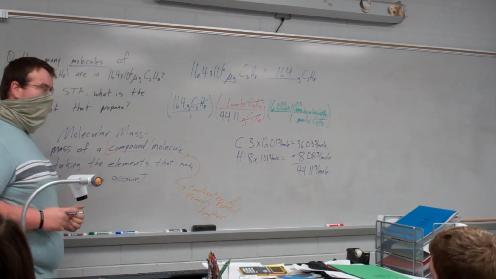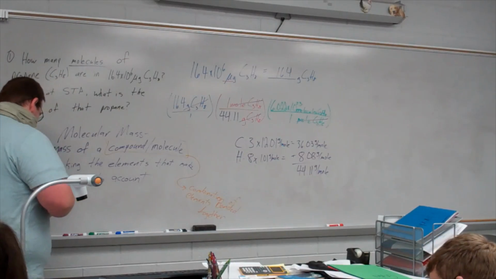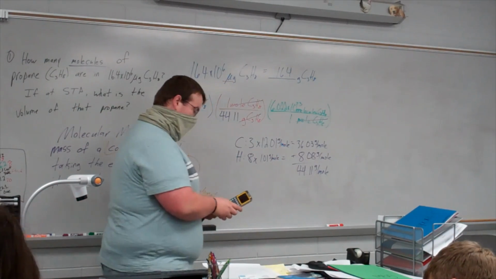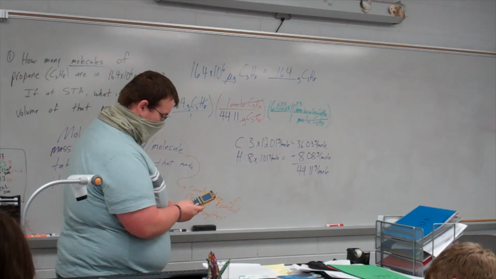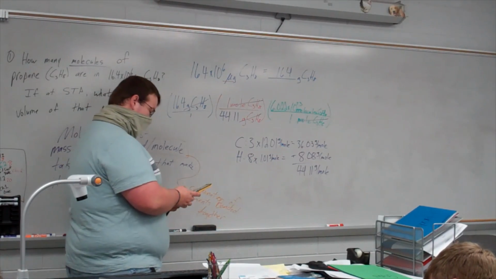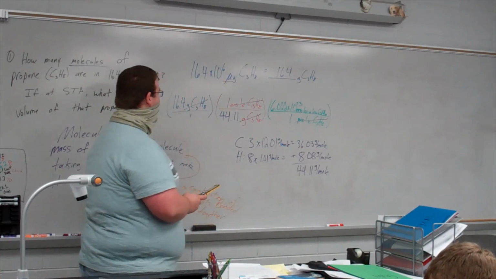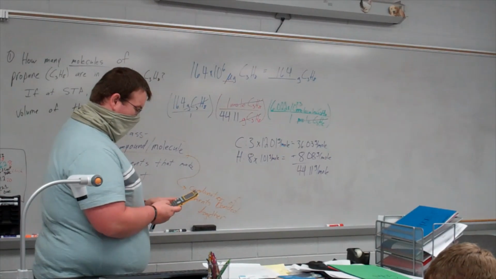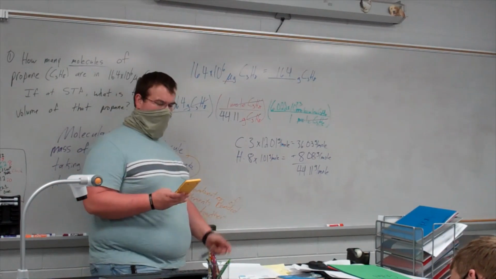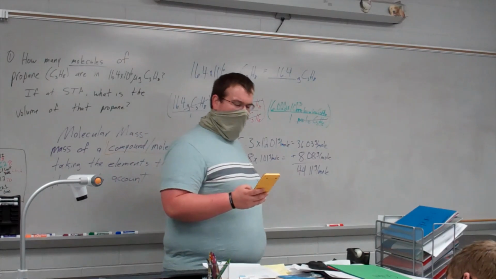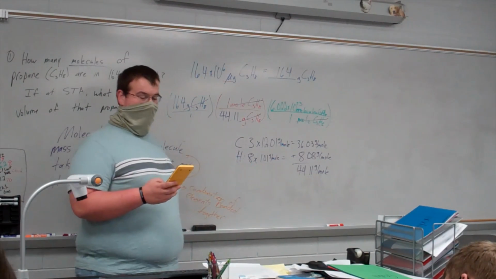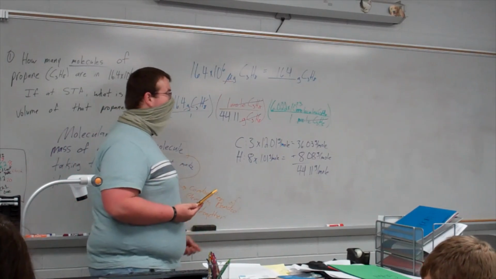Now it's time for me to get the calculator. I'm going to type this all in. I do parentheses, 16.4 divided by 44.11. You can hit enter if you want. If you do that, you get 0.33717977783, which is fine.